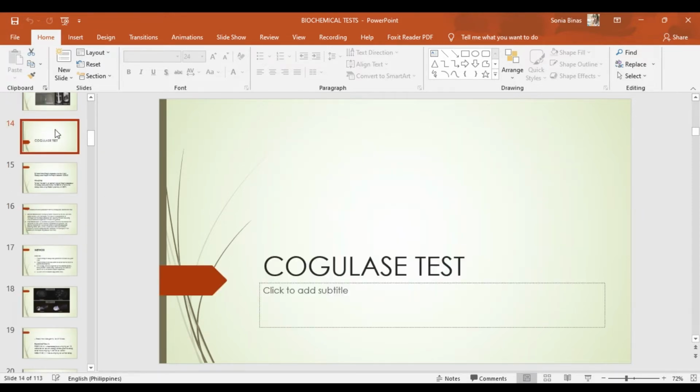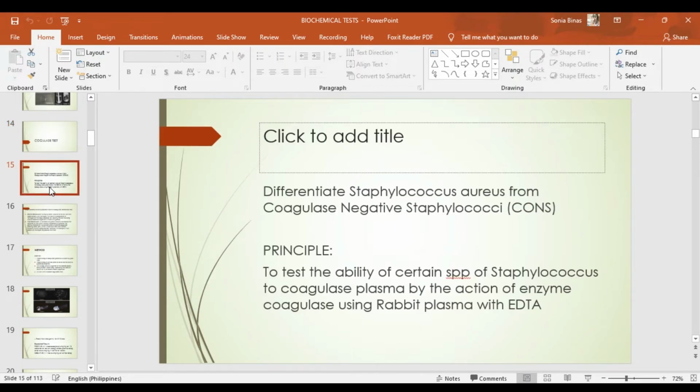So, the next is our coagulase test. The coagulase test is used to differentiate Staphylococcus aureus from coagulase negative Staphylococci. This test checks the ability of certain species of Staphylococcus to coagulate plasma by the action of the enzyme coagulase, using rabbit plasma with EDTA.